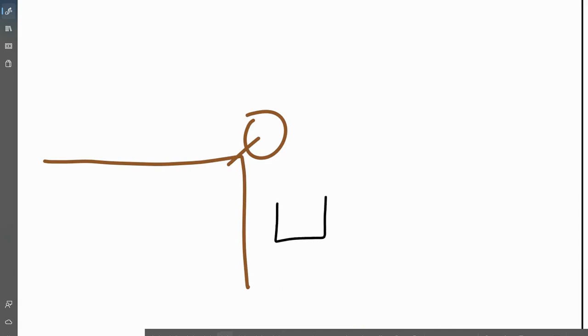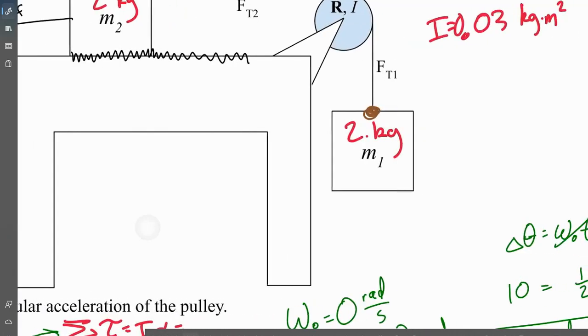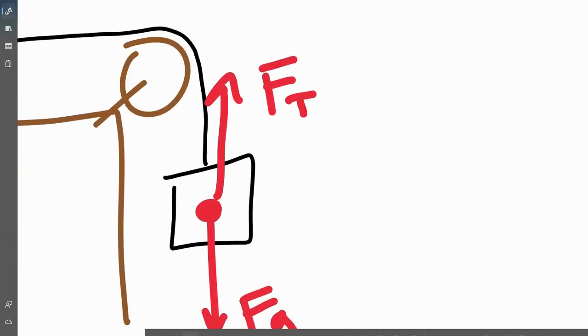Then we have a block, with a string attached to the other block over here. There are a couple of forces acting on this block: one, force of gravity; two, force of tension. I think this was block one, so we'll call that force of tension one.